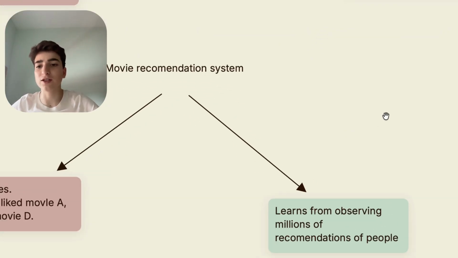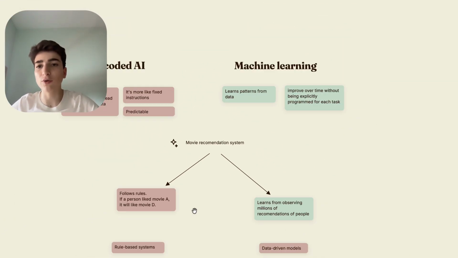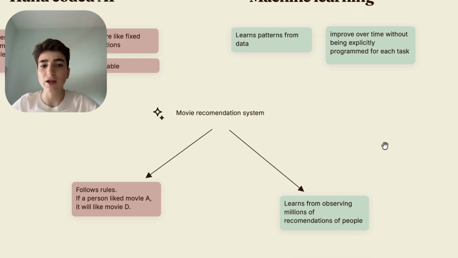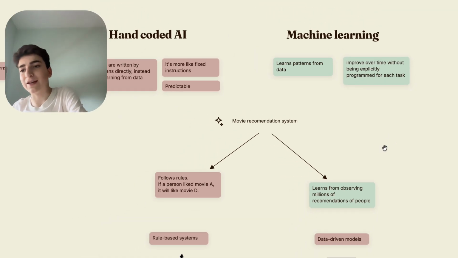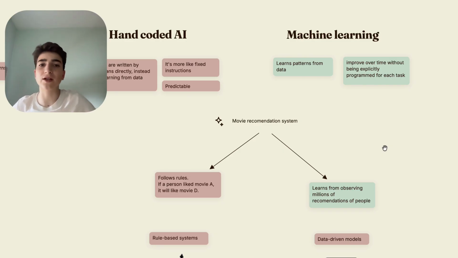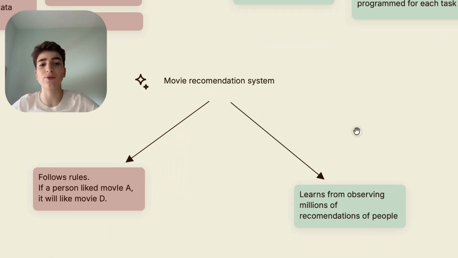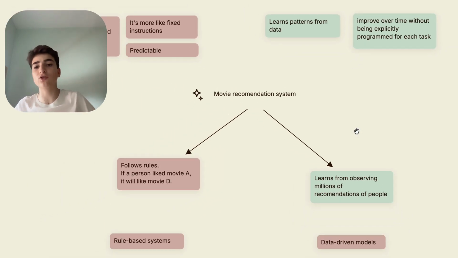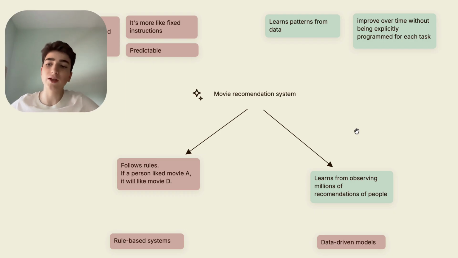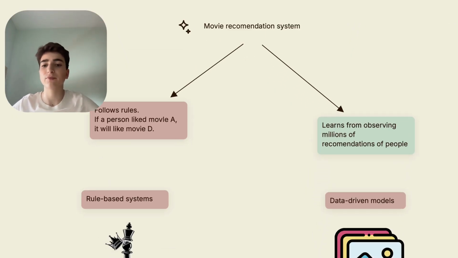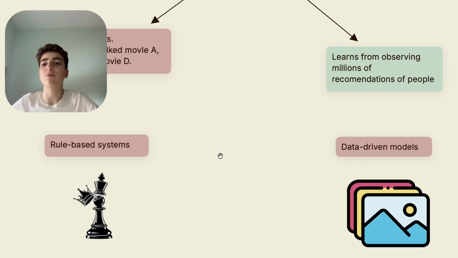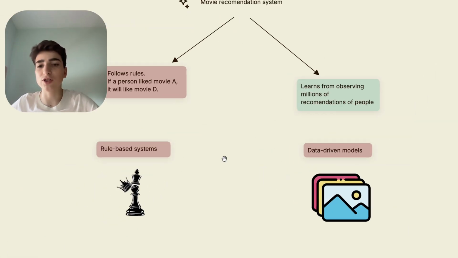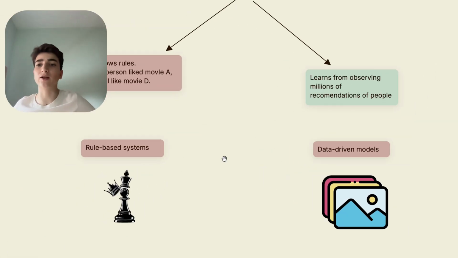So the key difference is that the hand-coded AI follows just the rules, and the other one uses the data, the patterns, and observes all this to give you the response. So it learns from observing millions of movie recommendations, whereas the hand-coded AI just tells you, if he likes B, he will like C, or if he likes movie A, he will like movie D. Another classic example is that hand-coded AI uses a lot of rule-based systems like chess.